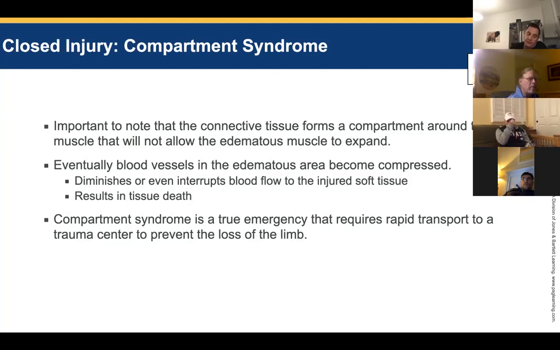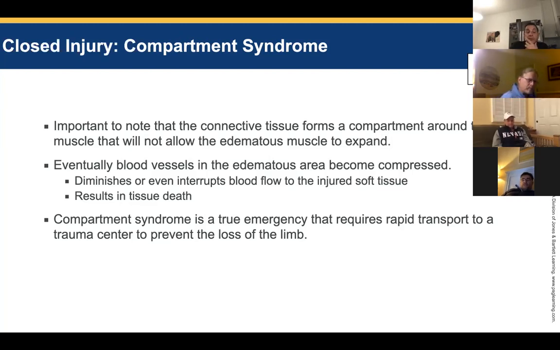So it's causing pressure within the body underneath, making a compartment within the body part. Does that make sense?